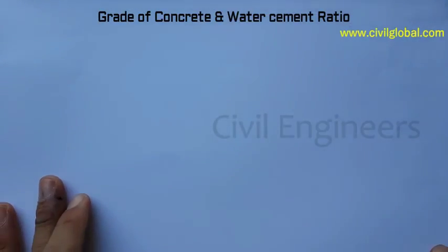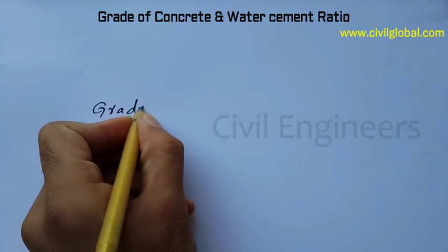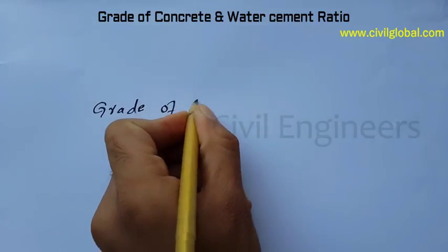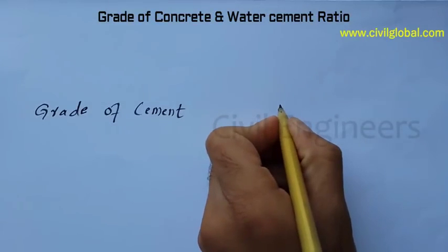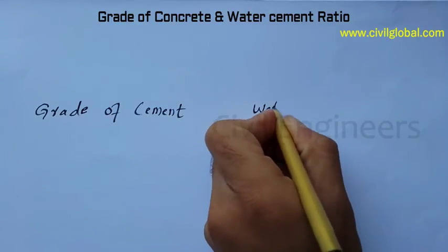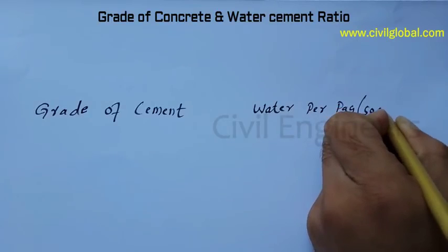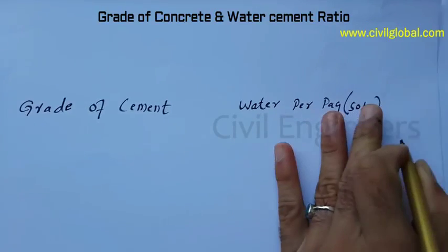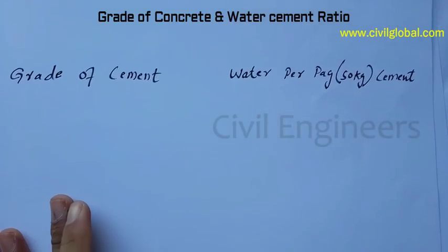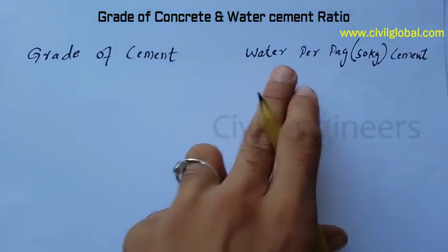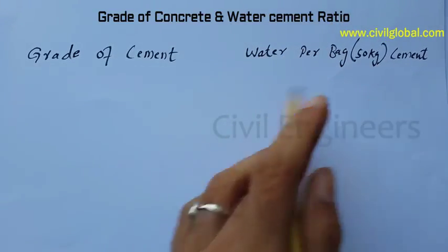I will show you on the second sheet: how much water is required for the different grades of concrete. We write the grade of concrete, and the second column is water per bag of 50 kg of cement.